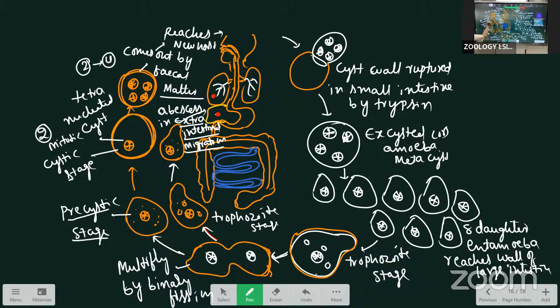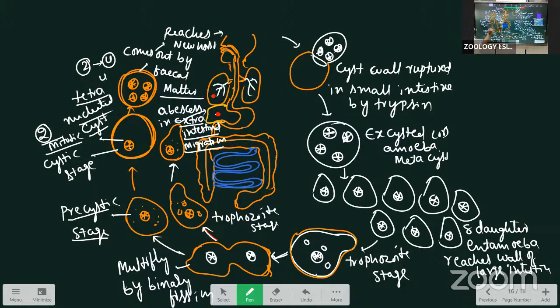That stage with four nuclei we call tetra. Tetra means four. That's why we call it a tetranucleated cyst. Inside the cystic stage, the nucleus undergoes two successive mitotic divisions and forms a tetranucleated cyst.